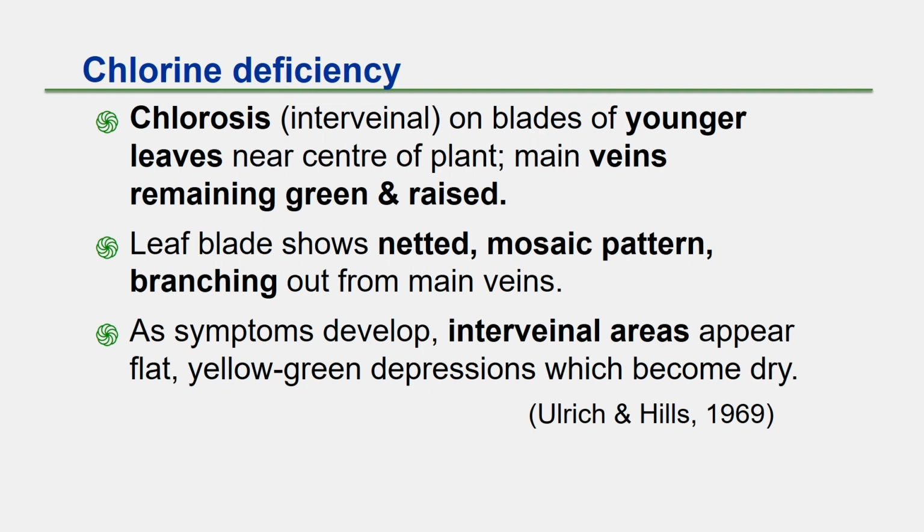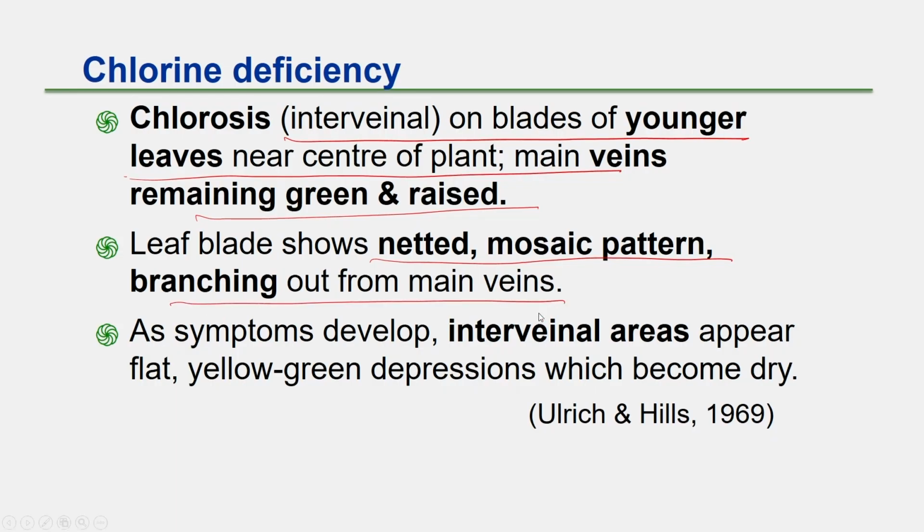Now, see chlorine or chloride deficiency: chlorosis on blades of younger leaves near the center of the plant and main veins remaining green and raised. The leaf blade shows a netted mosaic pattern branching out from main veins. As symptoms develop, intervenal areas appear as flat, yellow-green depressions which become dry.